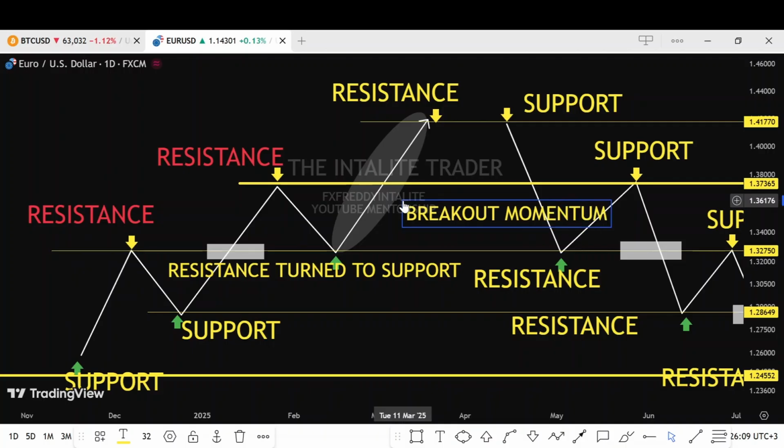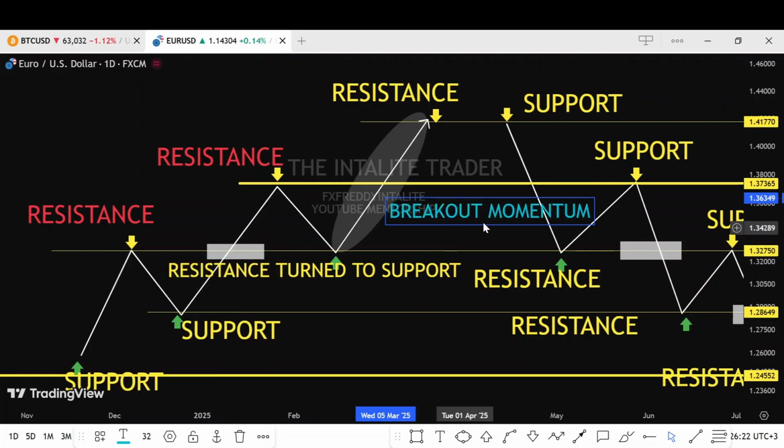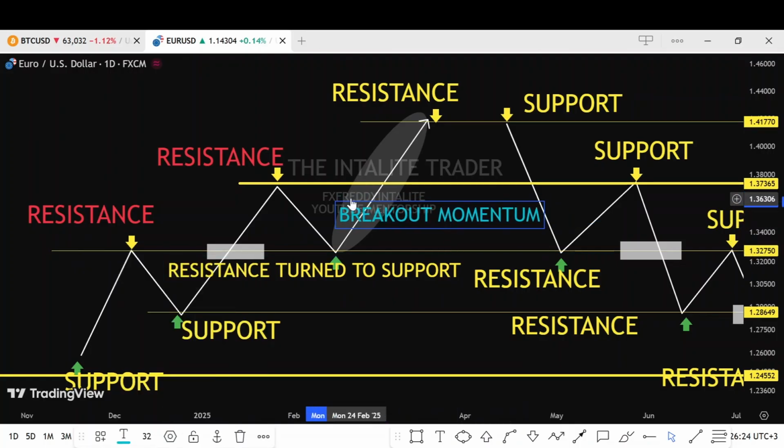So once price breaks above, we shall call it a breakout momentum.